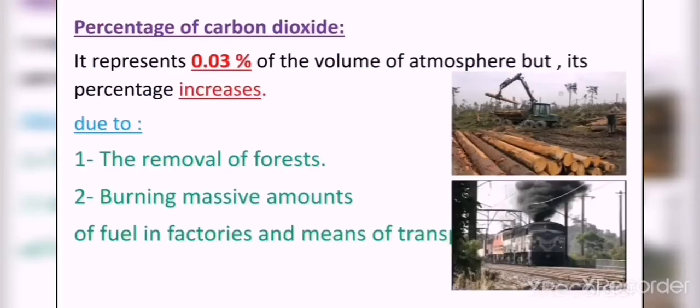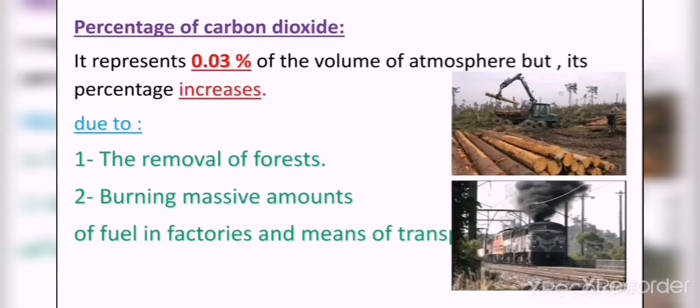Now, we will talk about the percentage of the carbon dioxide gas. It represents 0.03% of the volume of the atmosphere. But this percentage can increase. Why? Due to the removal of forests.